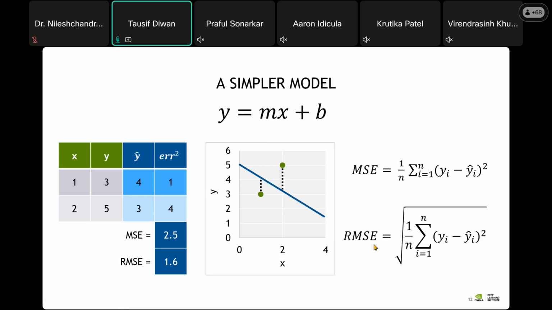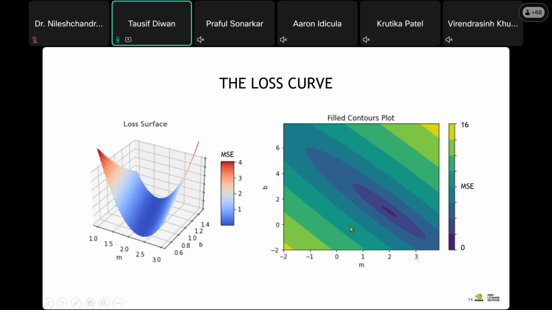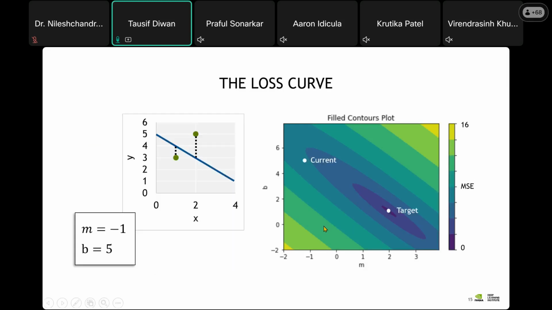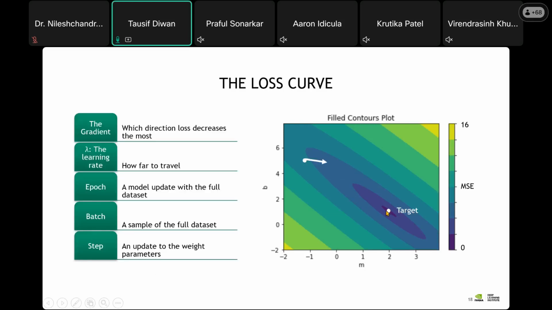This is the ultimate aim. Suppose this is our target where the loss or cost function is minimum. We need to change the value of M and B such that we take some small step and reach this particular point. Ultimately, backpropagation or gradient descent works similarly.